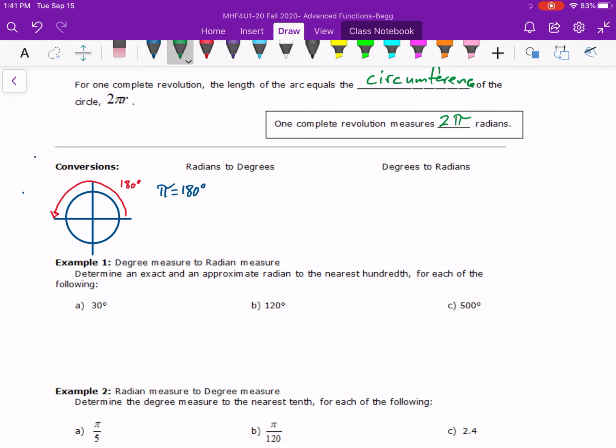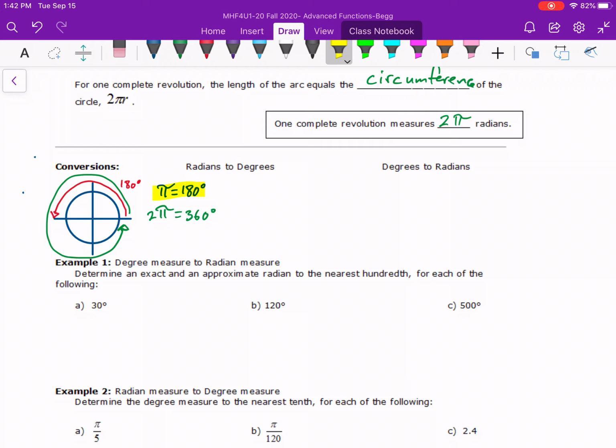And if I was to go all the way around a circle, then that's 360 degrees, and that's equivalent to 2 pi radians. So the most basic multiplication factor we want to use is this one, pi equals 180. So again, think in terms of, you can say 1 mile equals 1.6 kilometers.